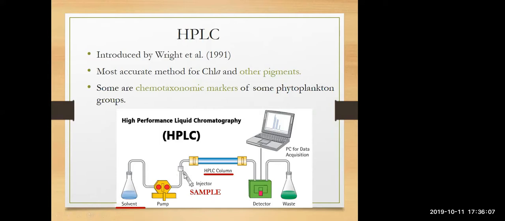The sample will interact with one or more solvents. The sample will pass through the HPLC column, the chromatographic column, that will separate pigments according to their molecular weight. And finally, this information will be captured by a PC or data acquisition system.